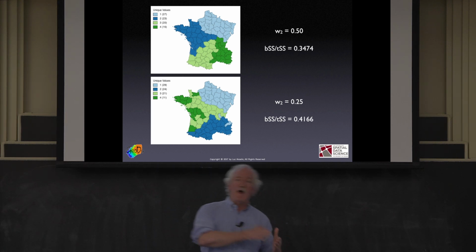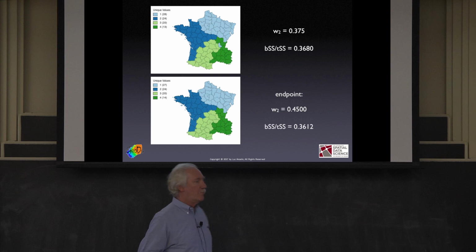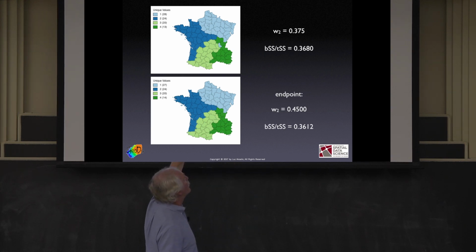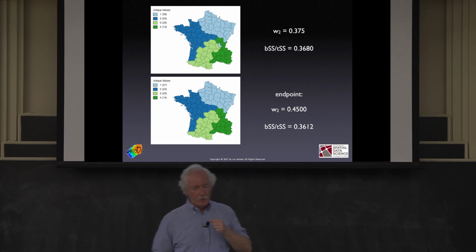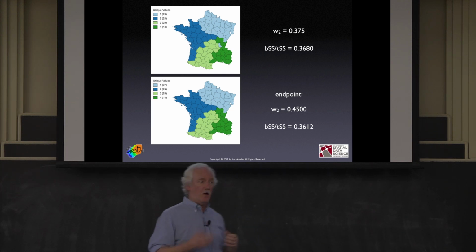So now we have to go back towards 0.5. We take the midpoint, 0.375. We keep doing better on our criterion, but here we still have this one that we can't get rid of. So then we have to move closer to the contiguity criterion. So we're going to do a little bit worse on the total objective function.